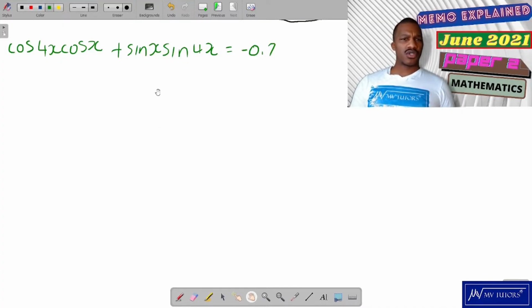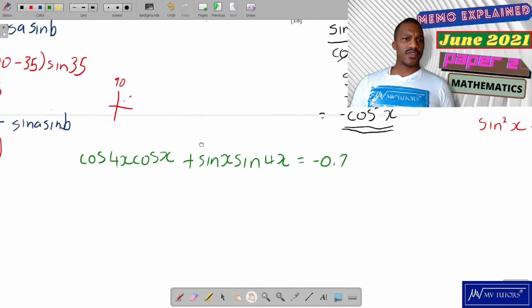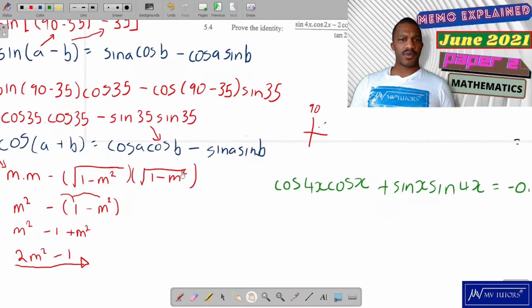So let's just look at the clues. 4x there, and then I've got a 4x here. Wow, this looks very familiar. Do you remember when we wrote this?